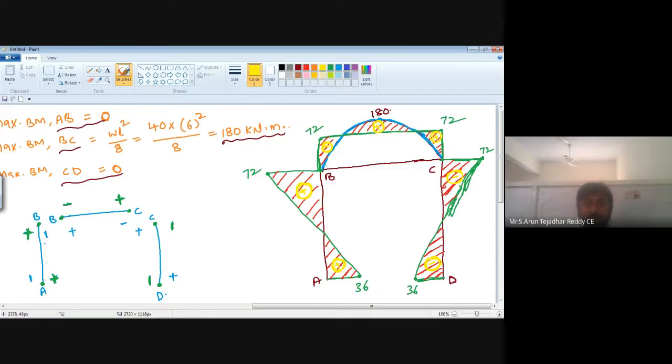Okay, so this is our final bending moment diagram.